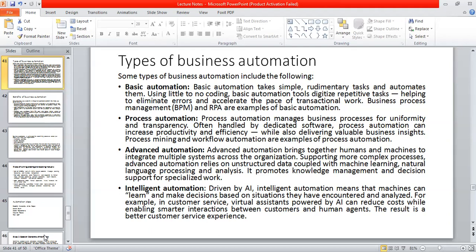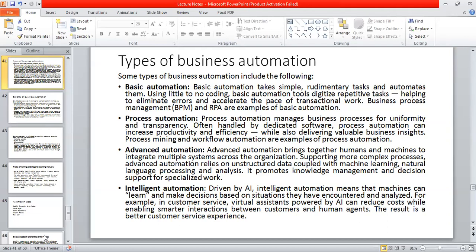So this will eliminate errors and also the risk of fraud and other risks. It also helps in making the work process quicker.